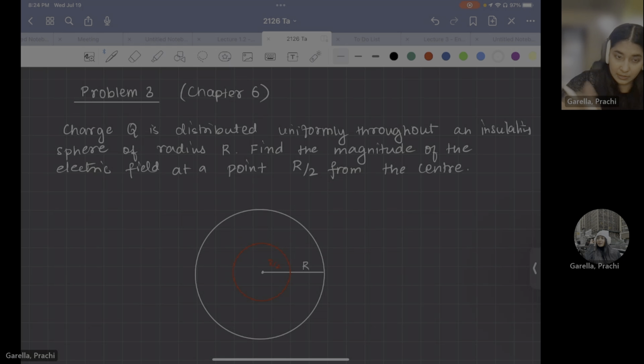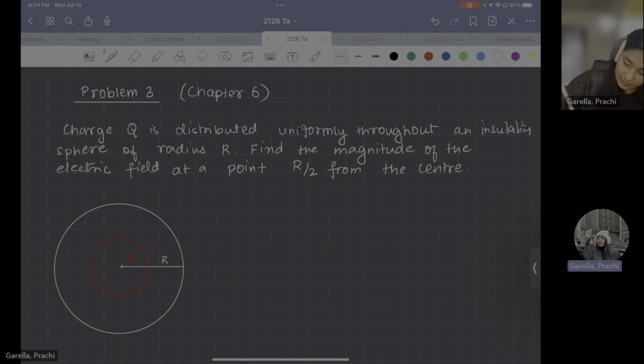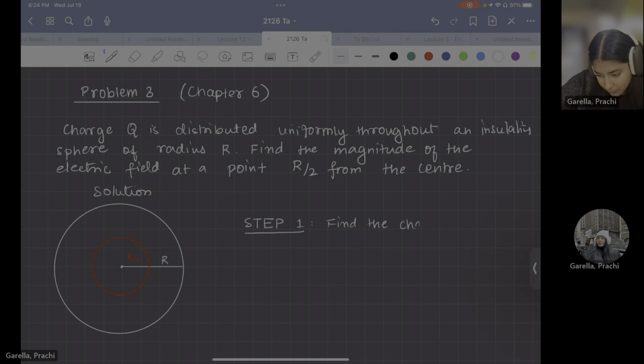Okay, so that's the setup. Step 1 of the solution is to find the charge inside the Gaussian surface.